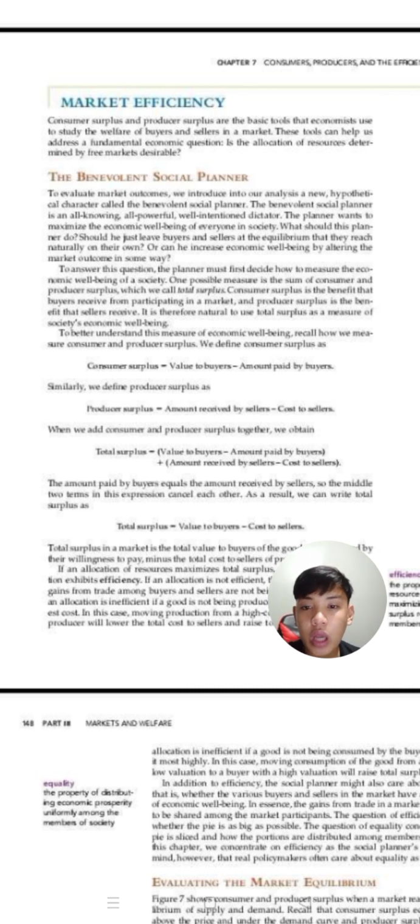When we add consumer and producer surplus together, we obtain another formula: total surplus equals value to buyers minus amount paid by buyers plus amount received by sellers minus cost to sellers. And that's all of the formulas of market efficiency and the surplus.